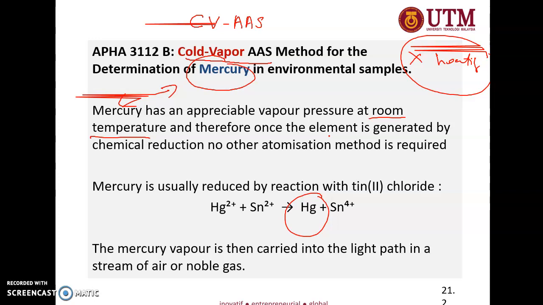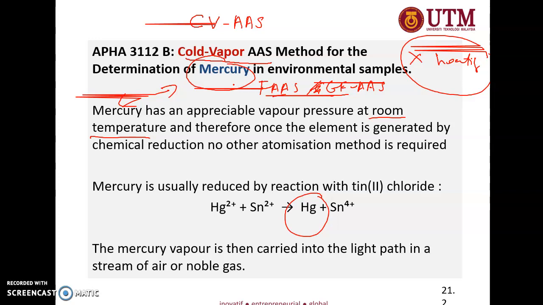And that is why cold vapor AAS is developed for mercury. Because if you do mercury in flame AAS or graphite furnace AAS, you will not see mercury at all. Graphite furnace and flame use high temperature, right? So it will vaporize mercury and it's just gone inside the instrument without even absorbing anything or being detected at all.